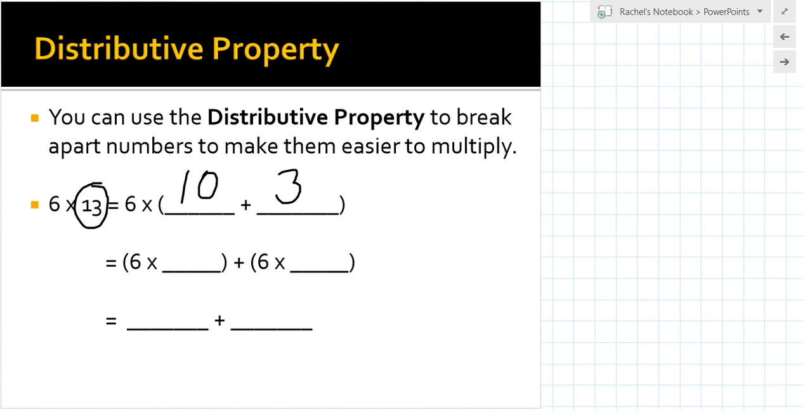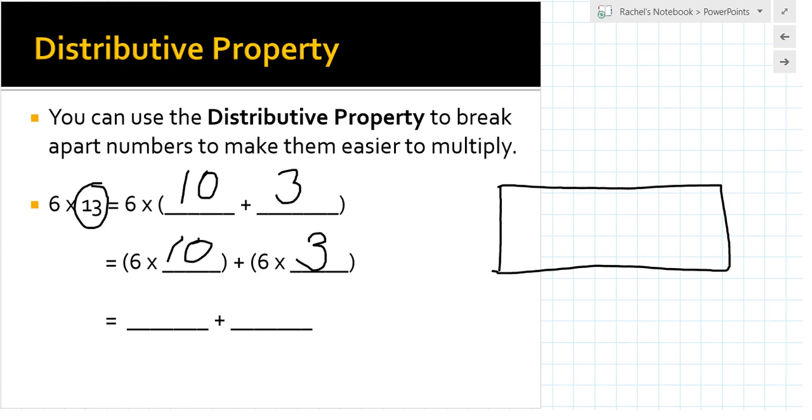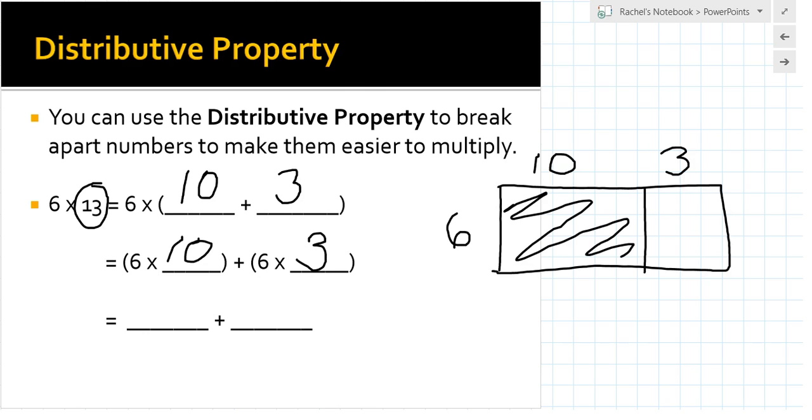So by multiplying 6 times 10 plus 3, it's really like multiplying 6 times 10 and 6 times 3, which in a grid we could see by representing 6 rows and then 10, and that would be this amount, and then 6 rows with 3 in each.